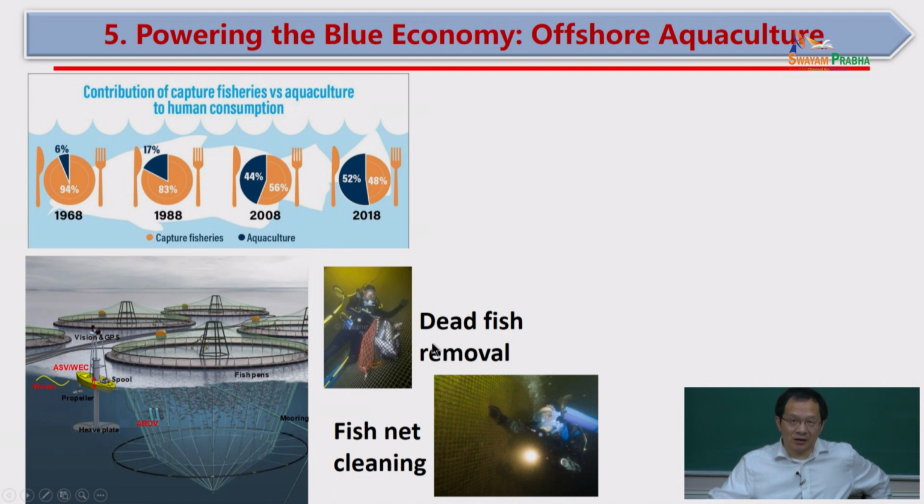One is fish net cleaning. So far, they have to use divers to do the cleaning work every month. The other is dead fish removal. If there are dead fish, big marine wildlife will come, break up the net, so they also use divers for this work.